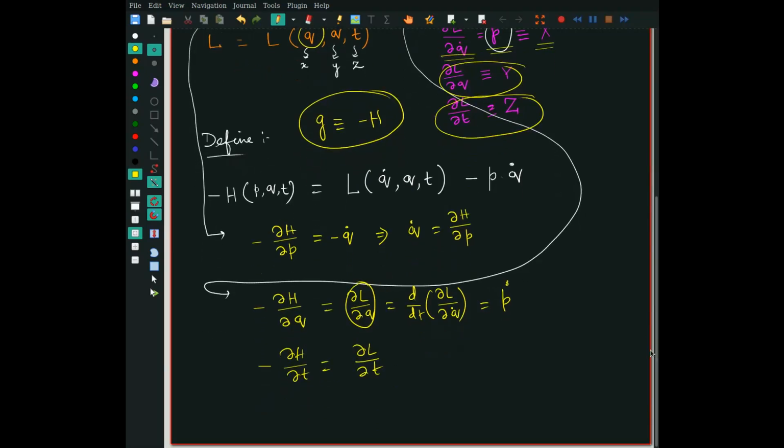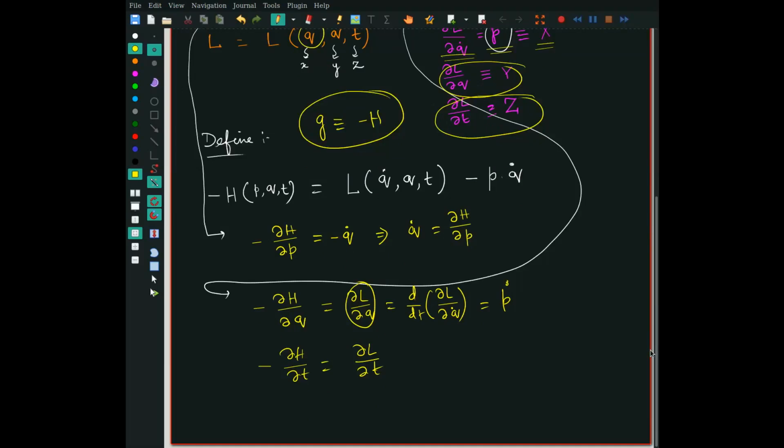Here I have actually considered the one-dimensional version of Hamilton's equations, when you have only one generalized coordinate q, corresponding to which you have one generalized momentum that I called p.